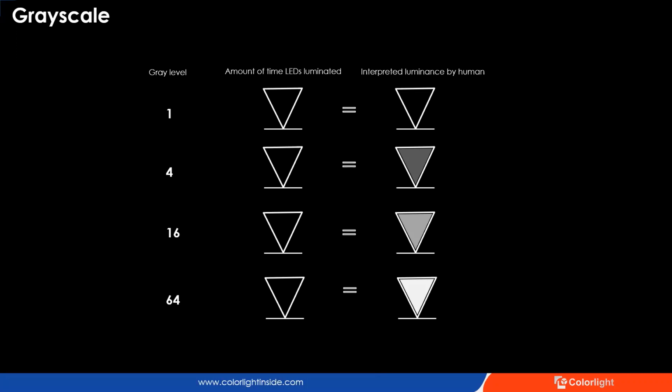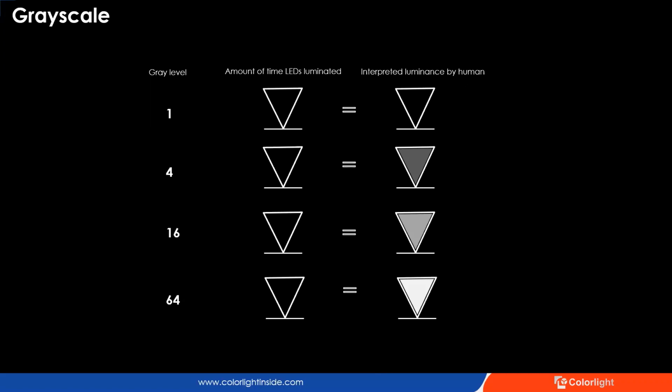They are actually on and off in different combinations to represent an image. The LED control system controls the amount of time that LEDs are on or off to create different brightness levels or gray levels. The longer the on time of an LED, the brighter it will be perceived by the eye. Please look at this example here.